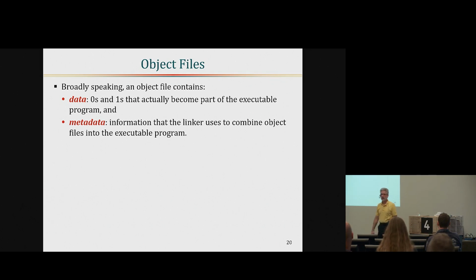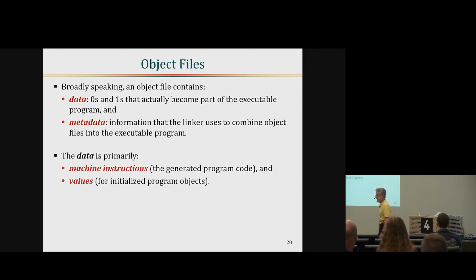So what's in a typical object file of a release build? Well, there are two main pieces. I'm painting in broad strokes here; the details are of course a little more intricate. But for the most part, the information content of an object file falls into two broad categories, data and metadata.